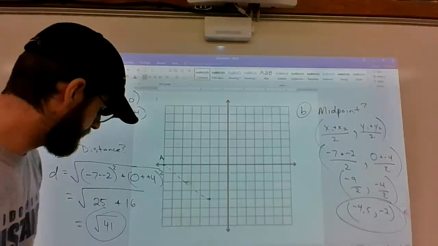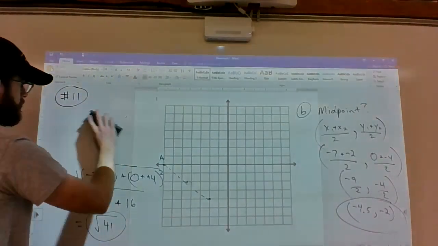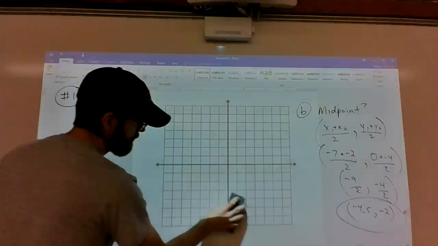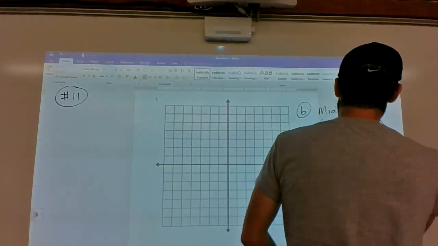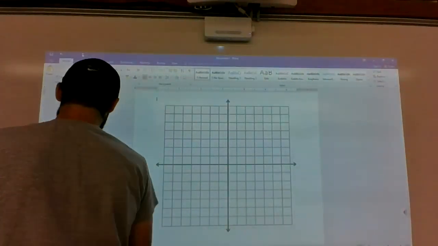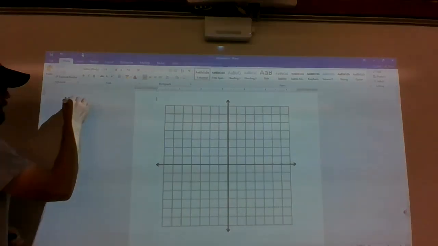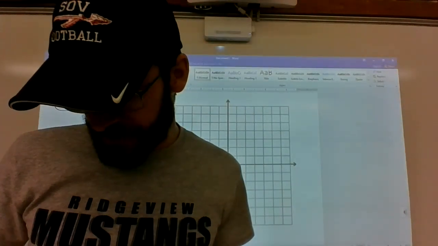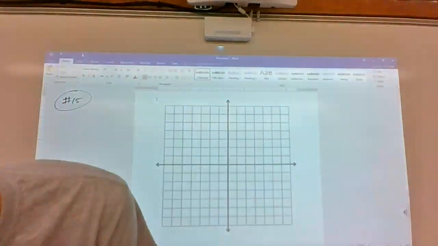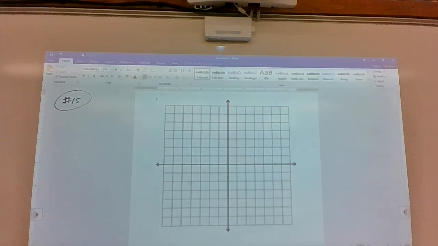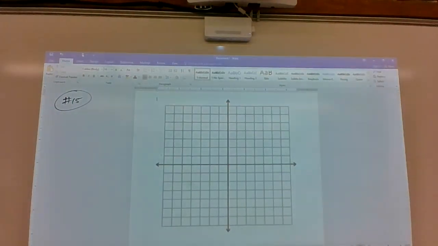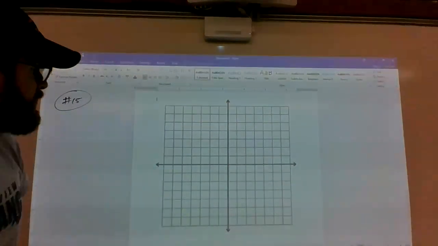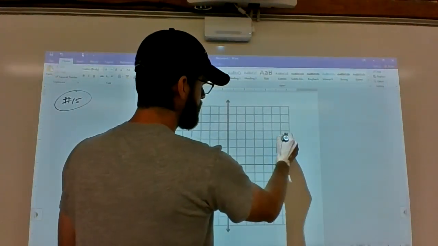Number 15. Number 15 gives us a graph already. It plots the points A, B, and C. Looks like A is 6, 3.